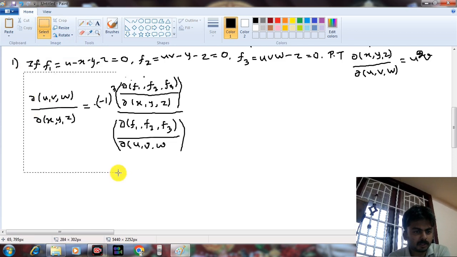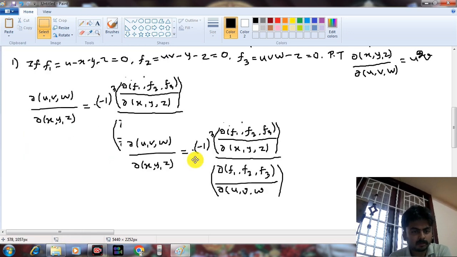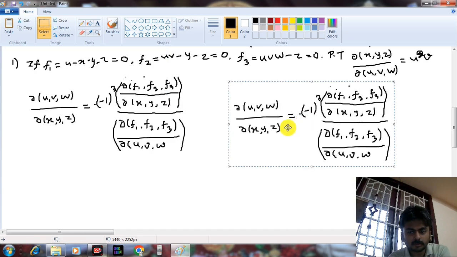Suppose I have xyz in the numerator and uvw in the denominator, what will be our formula?